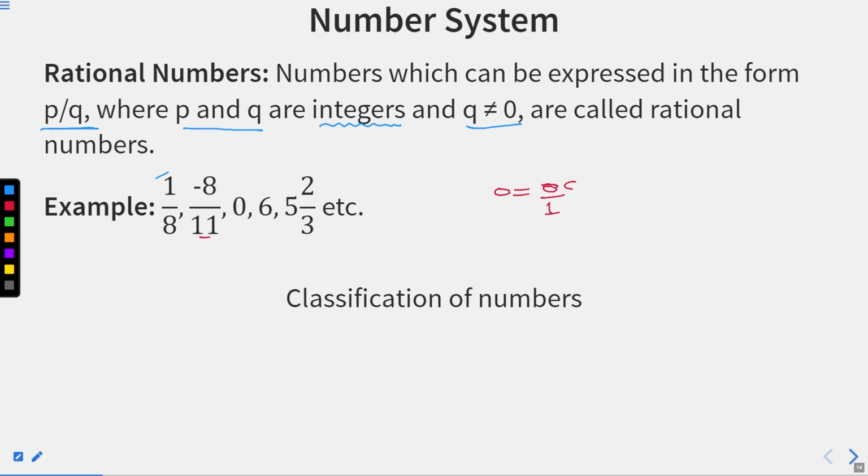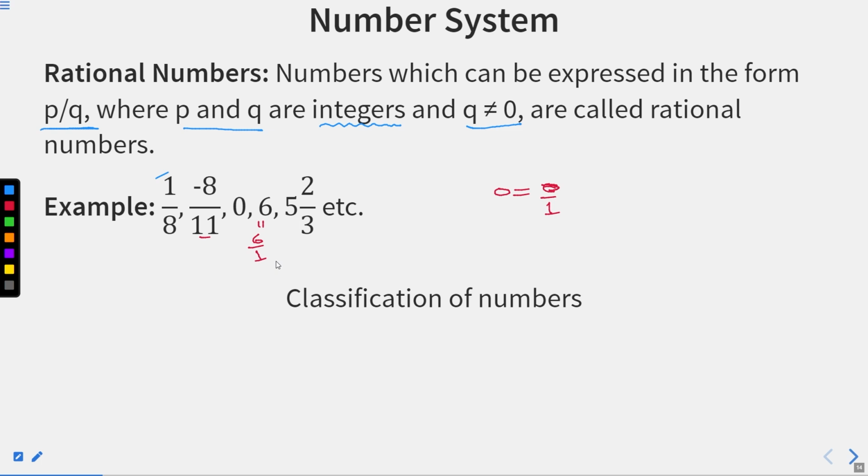So 0 is an integer and 1 is also an integer. So in that case, 0 is also a rational number. And what about 6? In the same way, 6 can also be written as 6 upon 1. Correct? So it is also a rational number.